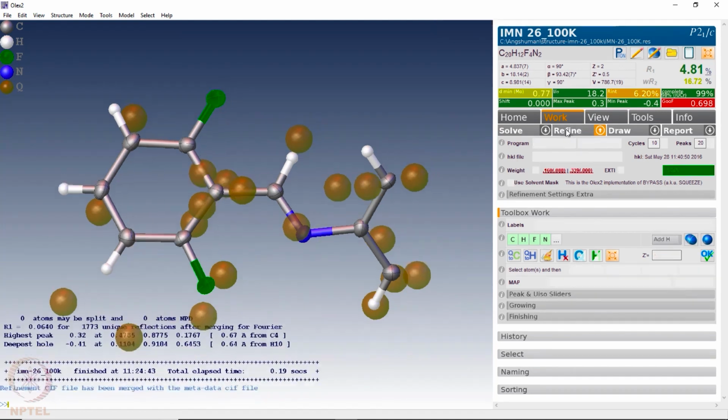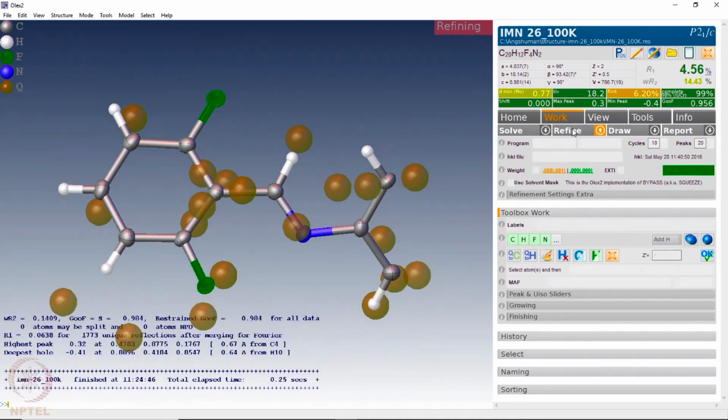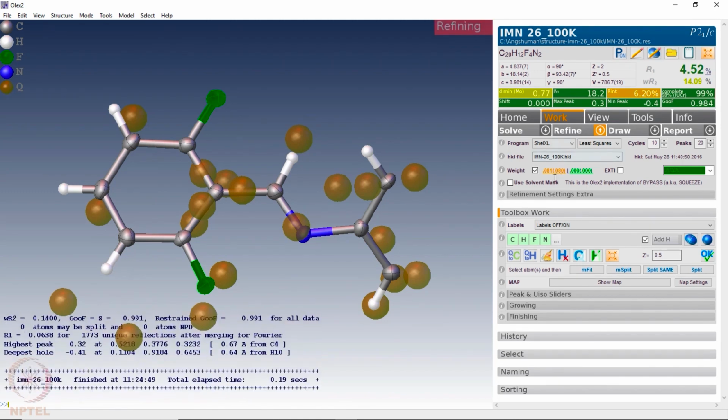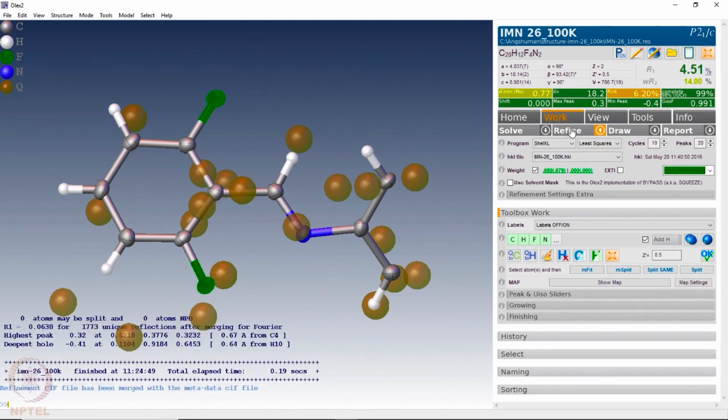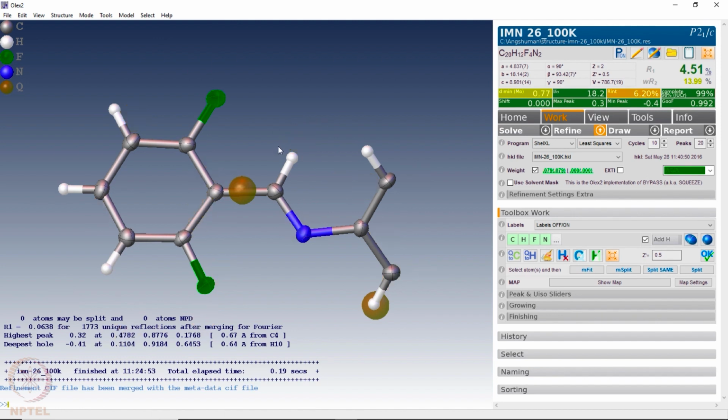After doing HFIX, one has to do a few rounds of refinement to reach convergence on the weighting factors, until you reach the lowest possible R value for a particular structure. Here once again we can see that these bond lengths are all the same, 0.93 angstrom, 0.93, 0.93, and all of them being a single hydrogen connected to carbon, they have the same bond length, 0.93.